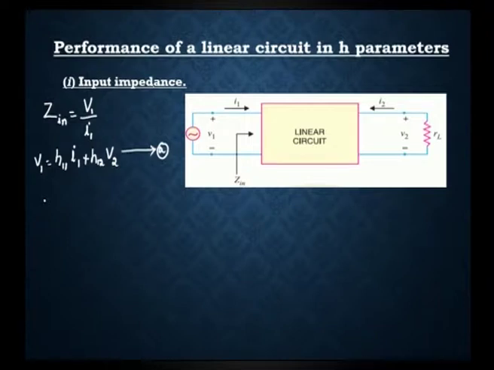Now substitute the V1 value in the above impedance expression. So Zin now becomes h11 I1 plus h12 V2, that whole divided by I1.